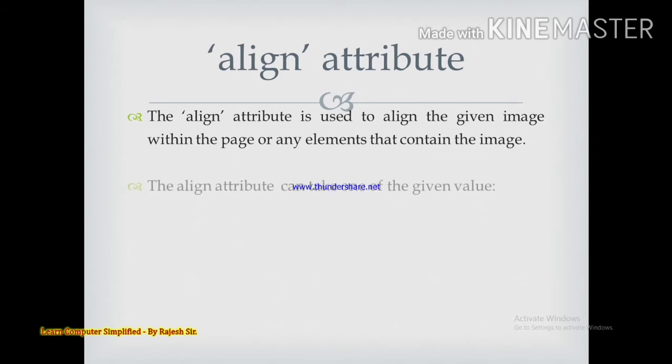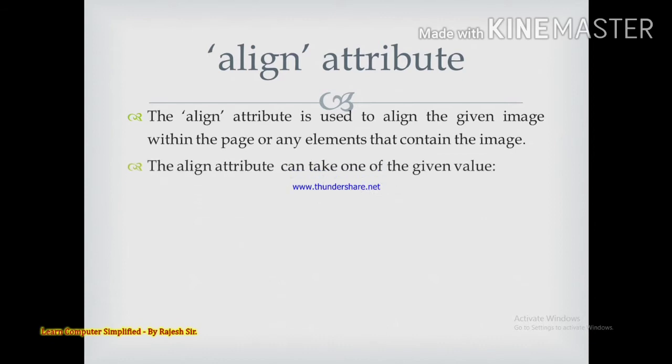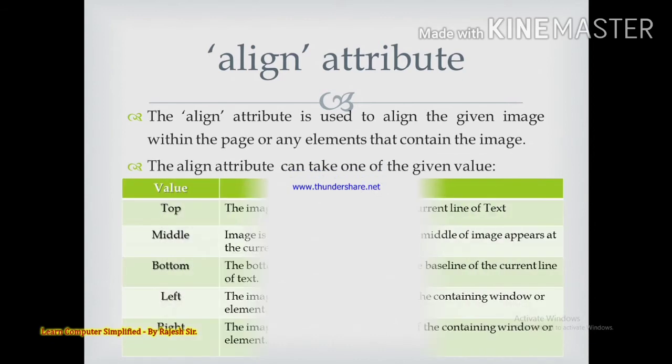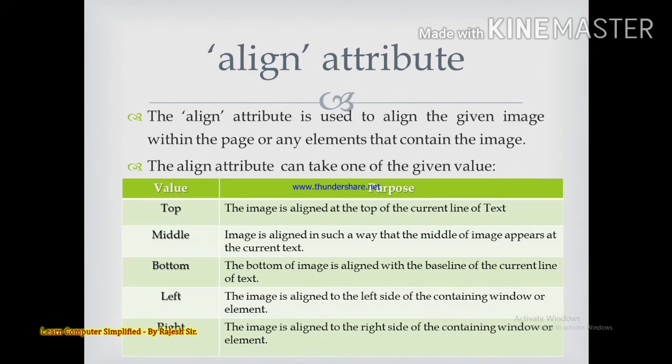The align attribute can take one of the given values: top, middle, bottom, left, right. Top means the image is aligned at the top of the current line of the text. Middle means the image is aligned in such a way that the middle of the image appears at the current text.